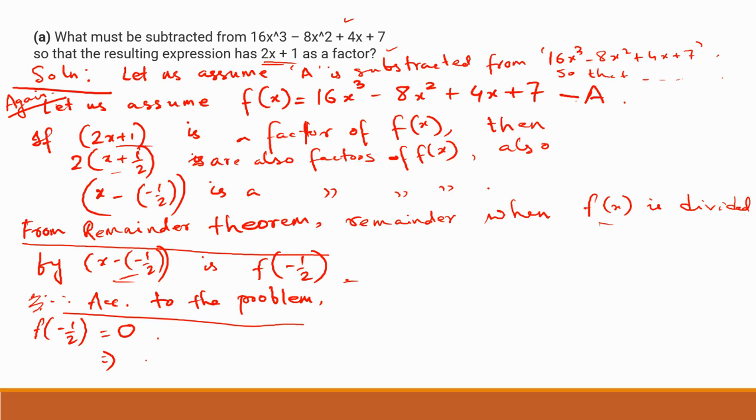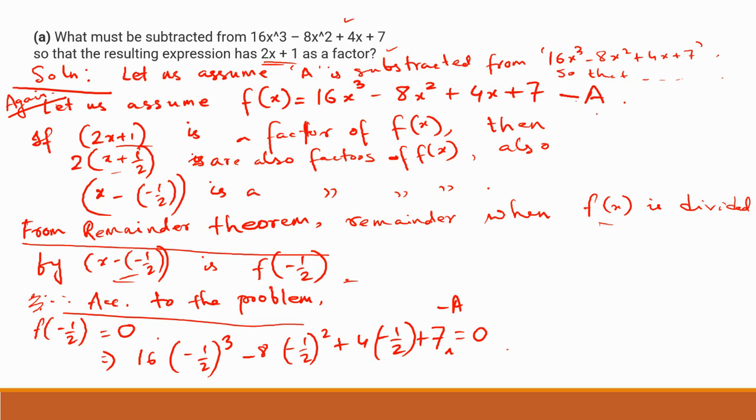So when you substitute minus half into the expression, you get 16 times minus half cube minus 8 times minus half square plus 4 times minus half plus 7 equals 0, right? It should be minus a also should be there, right? We declared f(x) equals all this minus a.